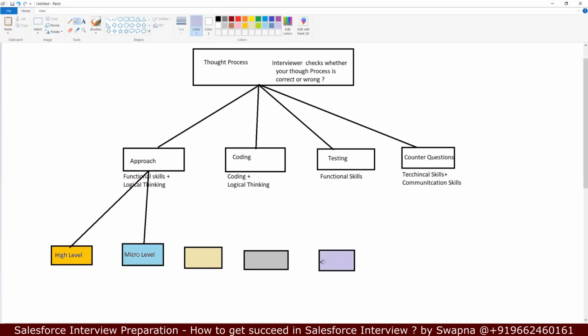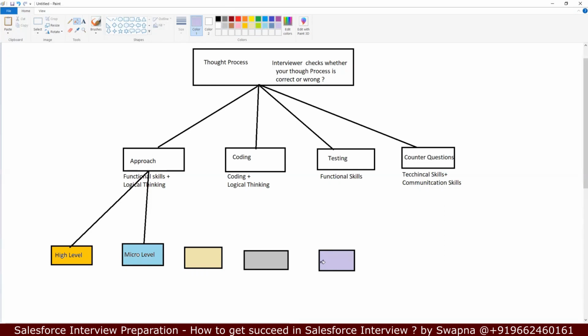Does the lead get assigned to anybody? Is any email sent as soon as the lead comes into Salesforce? When the lead is created for the first time, what is the stage, and when will it go to qualified? Are there any leads that cannot convert to the opportunity? These are all questions you have to write down at the micro level.